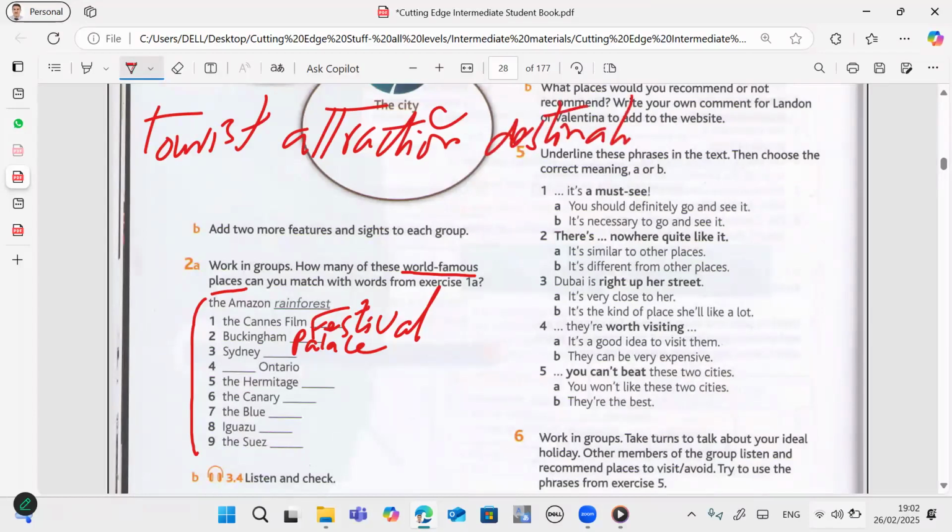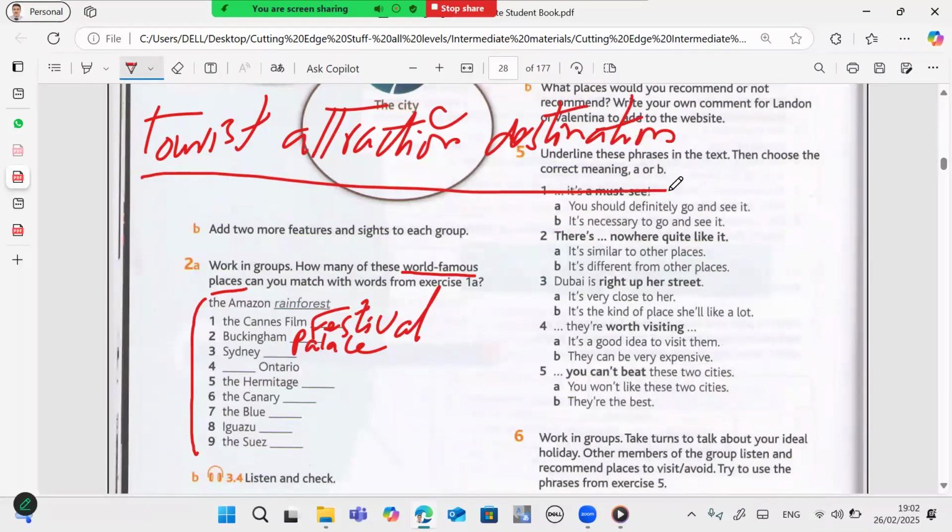Destination. Like Mecca is the tourist attraction destination for Muslims. Anyone, Muslims, of course, he or she wants to go to the Holy Mosque. Okay, why? Because it's the most tourist attraction destination. It means a place that attracts visitors, all the tourists. So tourist attraction destination.